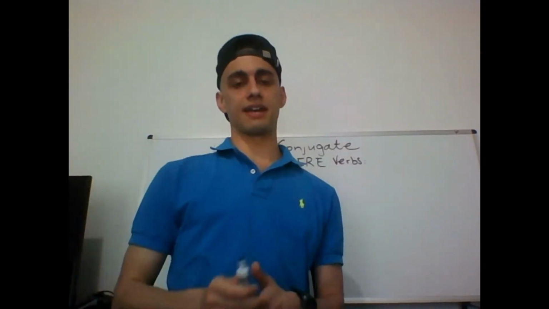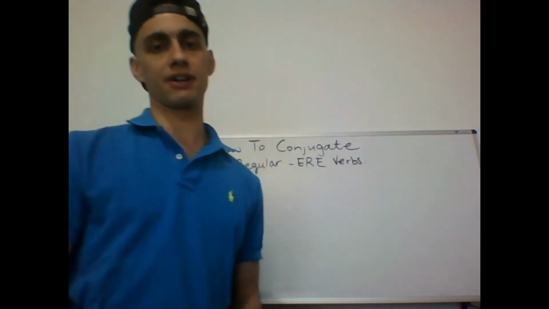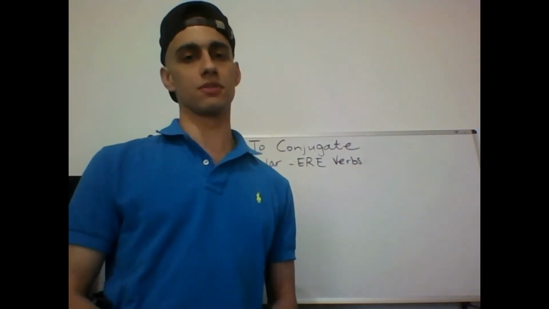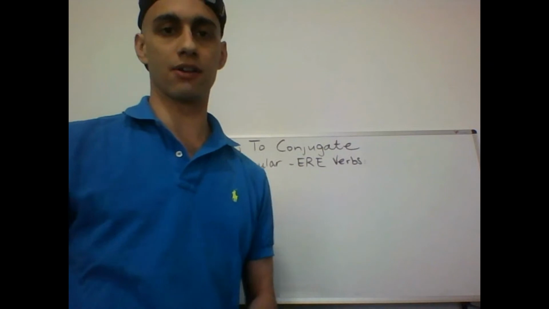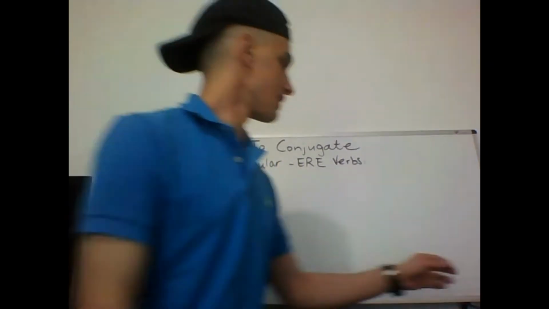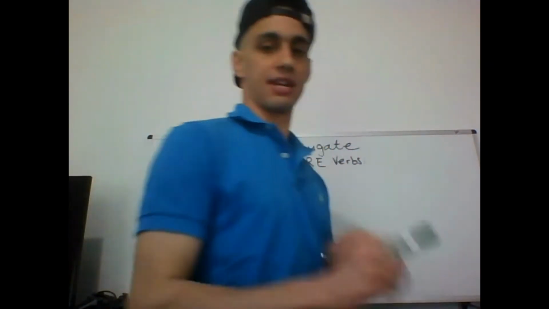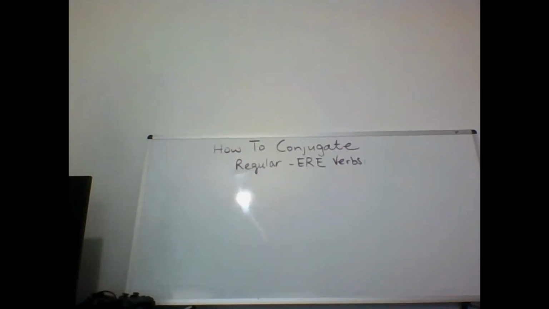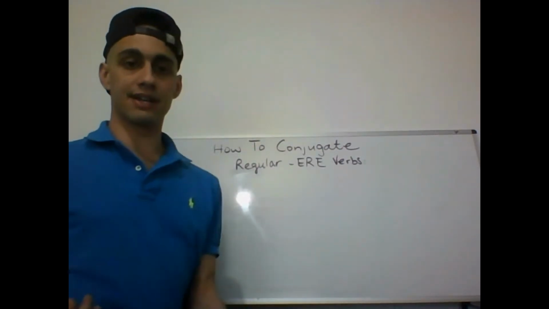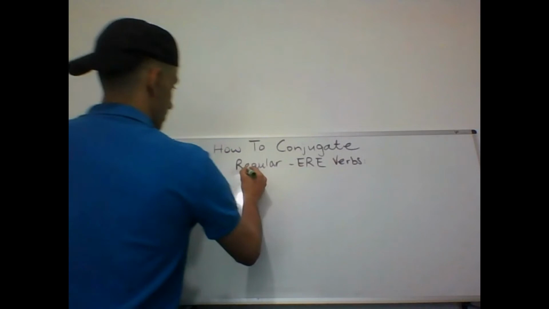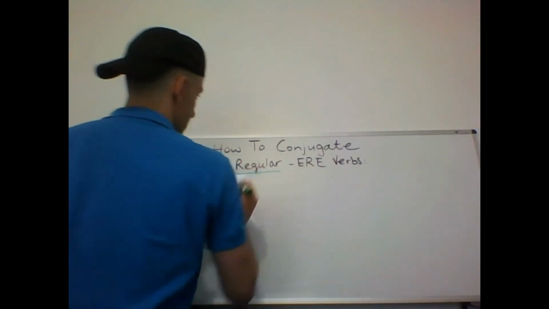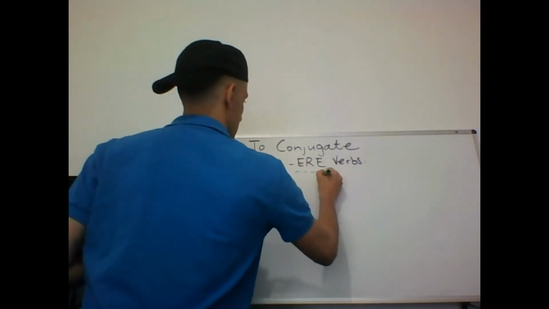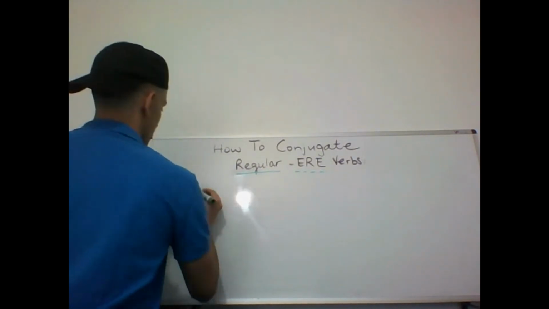Okay, and like I was saying, this is going to take some very, very minuscule changes from the AREs. Again, it's very easy, and I'll show you right now. Let's take green right now. So the ERE ending conjugation for regular, again, this is very important, regular ERE verbs, okay?